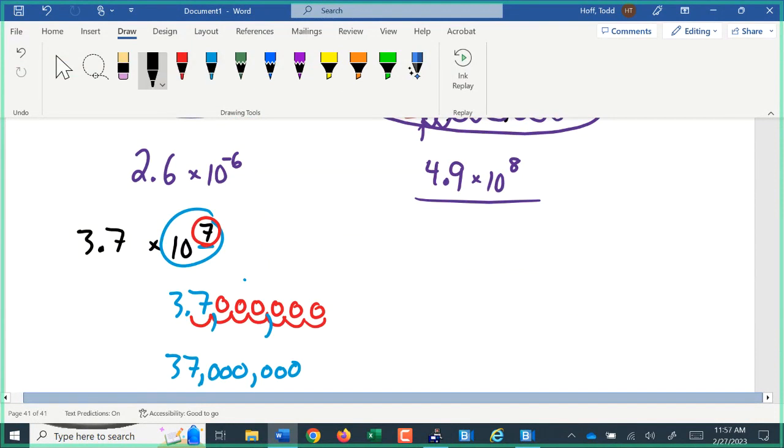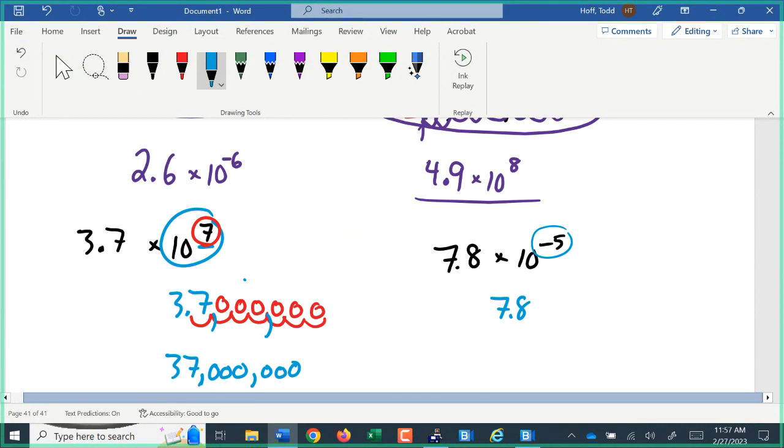On the other side, the other type of example we could have would be 7.8 times 10 to the negative 5. So again, we start out with the 7.8, and I have to move my decimal point to either make it smaller or larger. The negative 5 tells me this is a small place value, so this number was small.